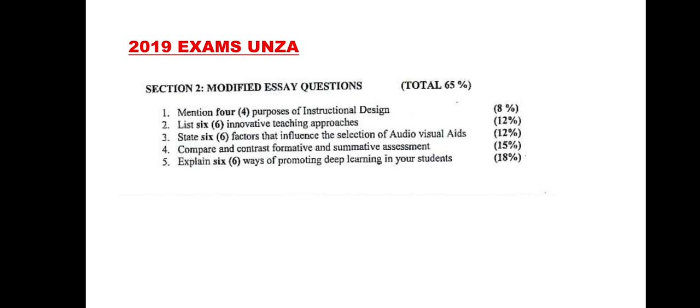How does a lesson objective become one of the factors that influence the selection of audiovisual aids? On the lesson objective, you need to make sure that the particular aid that you want to use must match with what students want to learn or need to learn.